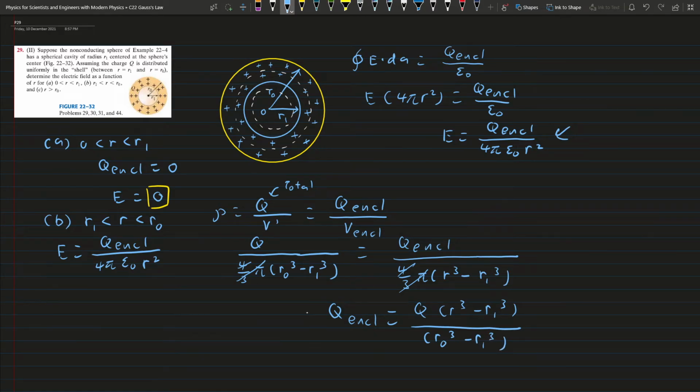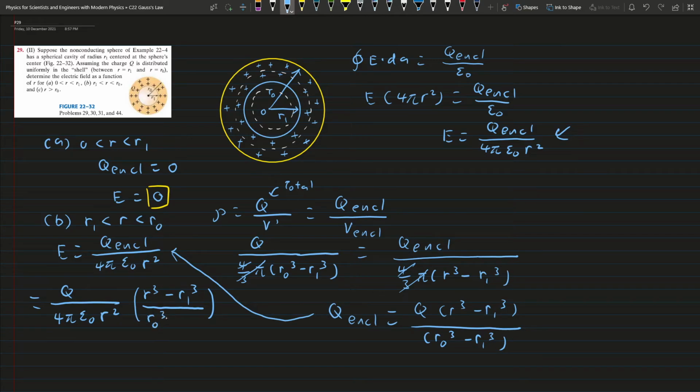We substitute this back into the formula and we get E equals Q times r cubed minus r1 cubed over 4 pi epsilon naught r squared times r naught cubed minus r1 cubed. So this is the answer for B.